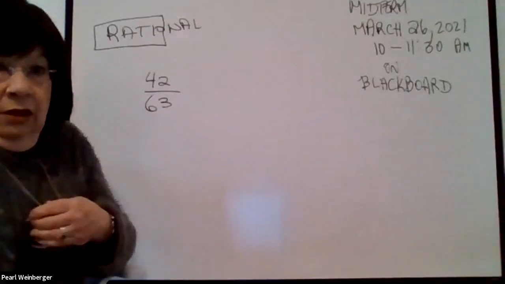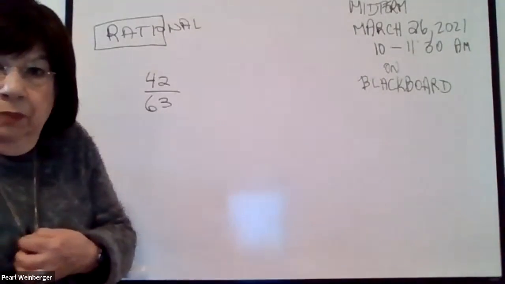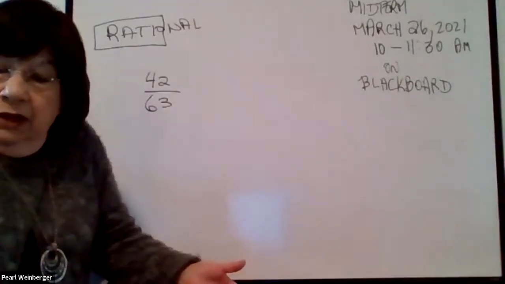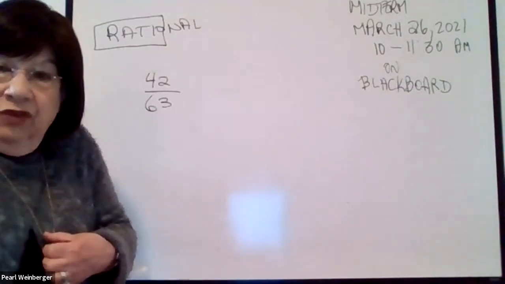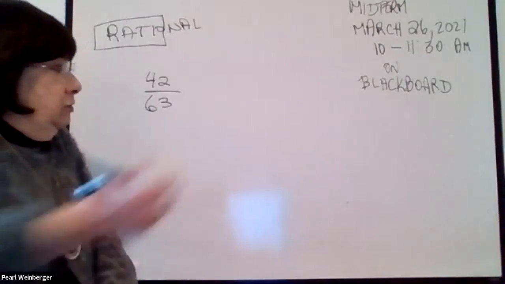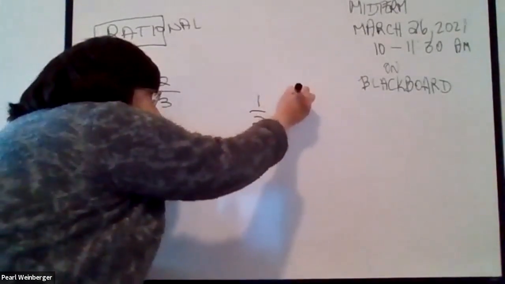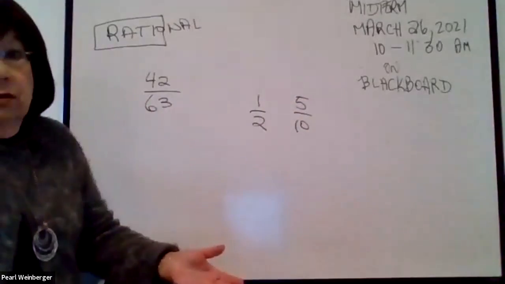And the problem with that is that when we try to compare answers, let's say you come out with an answer that says 1/2, and I come out with an answer that says 5/10. We think we have totally different answers, but actually these two fractions are equal.